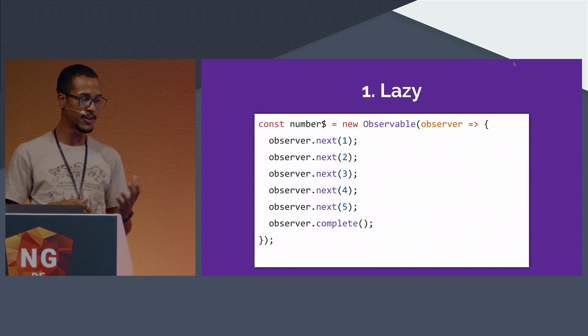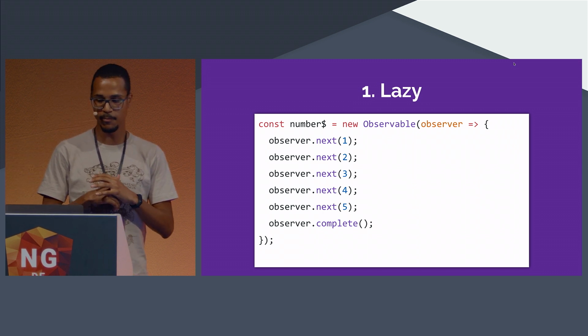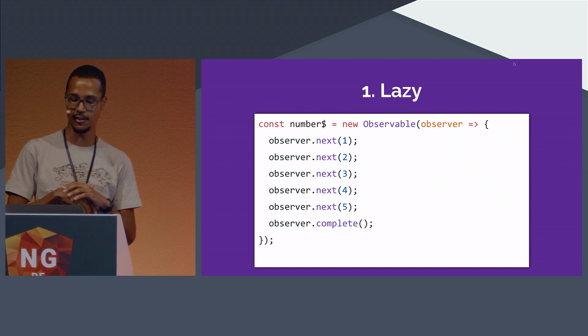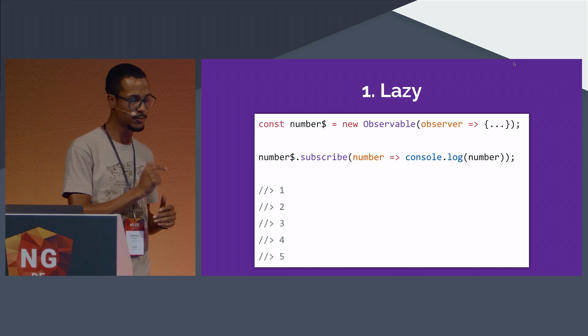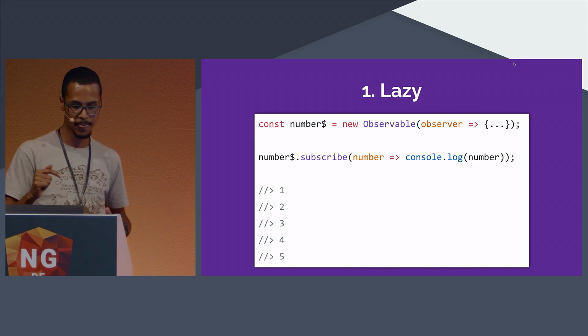This makes observables very different from a promise, because promises run their content as soon as we define them. Whatever you write in the observable body is not called until we invoke it. And as we've seen in the geolocation API example, we invoke it by calling the subscribe method. Only then does the stream start emitting values.